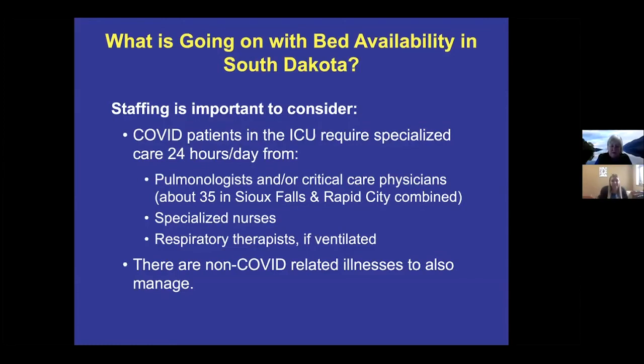I did a quick count of those this morning, and there are 35 in Sioux Falls and Rapid City combined. So those 35 physicians need to handle all of the patients, at least in Sioux Falls and Rapid City. There are also critical care physicians in Aberdeen, Mitchell, and Yankton, I think. But there's also a need for specialized nurses and respiratory therapists if a patient is ventilated.